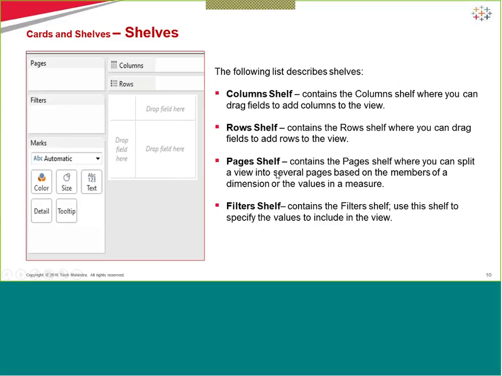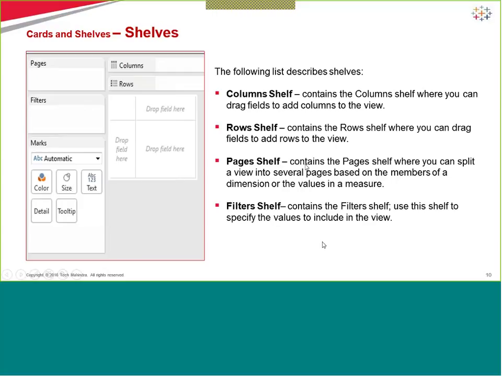Optionally, you have a pages shelf where, if you want to display the data page by page, you can define that using the pages shelf. So if I want to display each category on each page, I should bring the category data item into pages. So whenever a category changes, the page changes in the visualization.